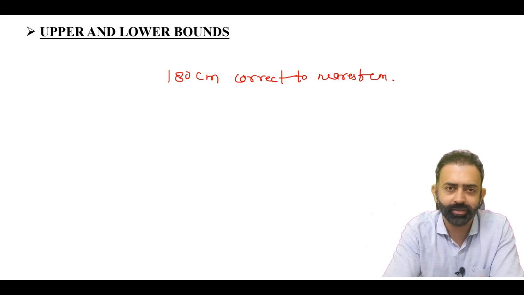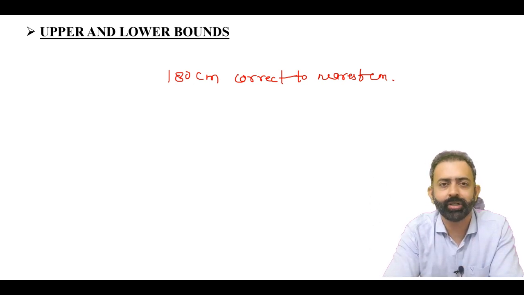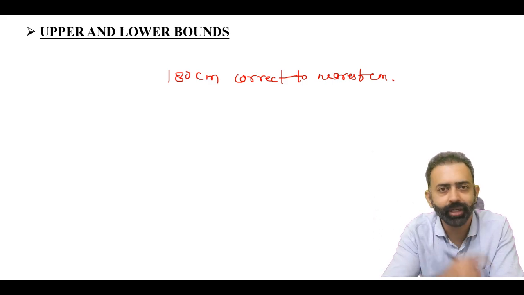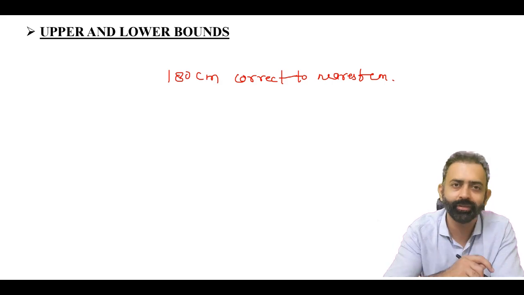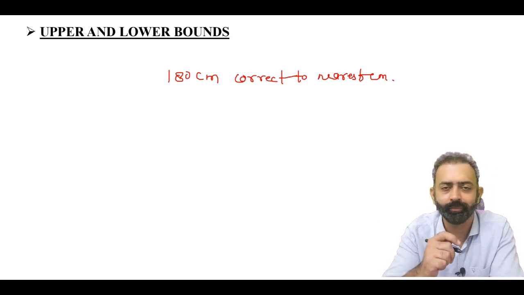Let us take another example. If the actual height is 180.7 centimeter, so the nearest centimeter to 180.7 is not 180, rather it is 181. Okay. If the height is 180.4, the nearest centimeter to the value 180.4 is 180, not 181.